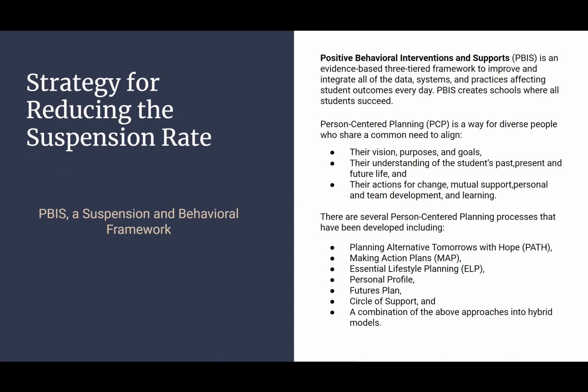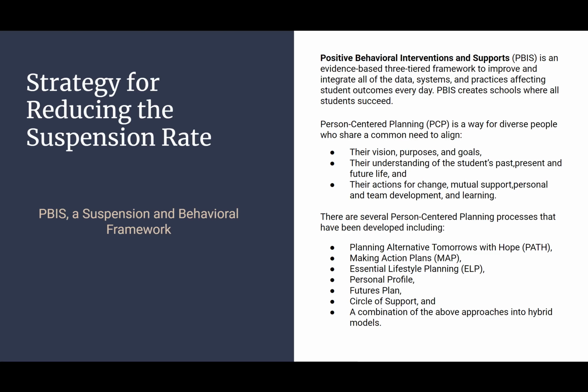So there are also strategies for reducing the suspension rate. There's been a lot of research on positive behavioral intervention and supports, also abbreviated PBIS. It's an evidence-based 3-tier framework to improve and integrate all of the data, systems, and practices affecting students' outcomes every day.